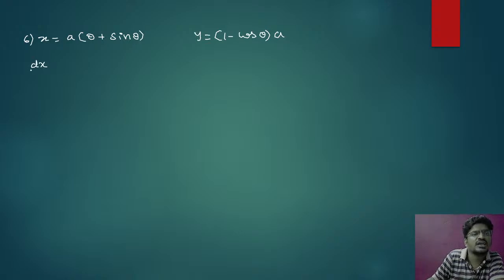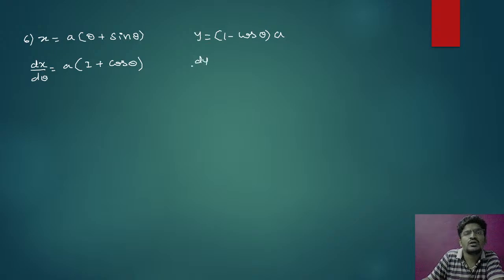Now dx by d theta will be equal to a as it is. Differentiation of theta is 1 and differentiation of sine is cos theta. So now dy by d theta will be equal to a is constant, write as it is. Differentiation of 1 is 0. Now minus differentiation of cos is minus sine, minus into minus is plus sine theta.